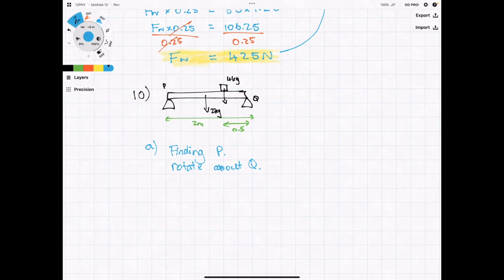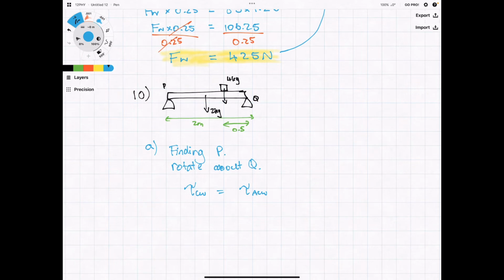Torque clockwise equals torque anti-clockwise. And when we're rotating around Q, both the mass and the plank take us in what direction? They take us down, they take us anti-clockwise.